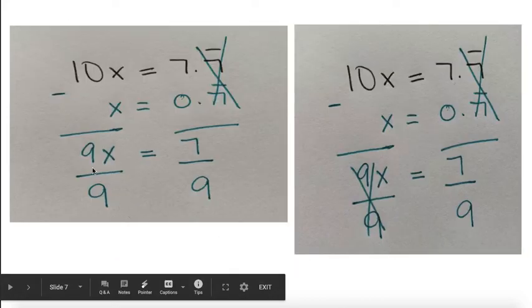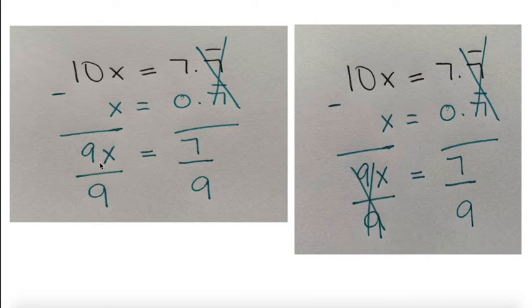Since 9x is technically 9 times x, we're going to do the opposite, and we're going to divide. We want to get x by itself, so we need to get rid of the number 9. So let's do 9x divided by 9, and whatever we do on the left side, we also have to do on the right side.